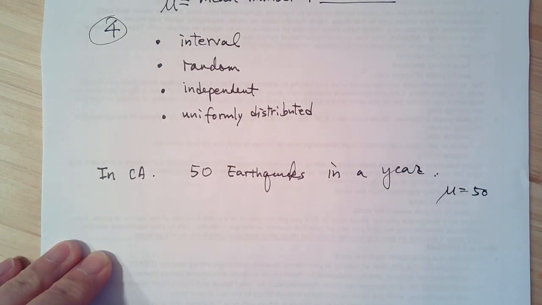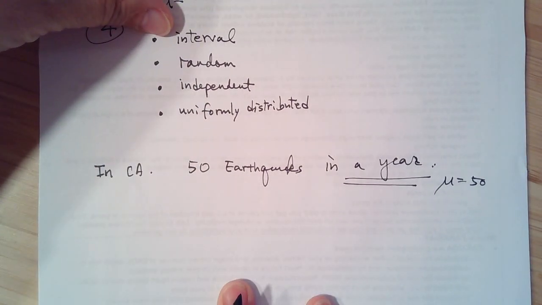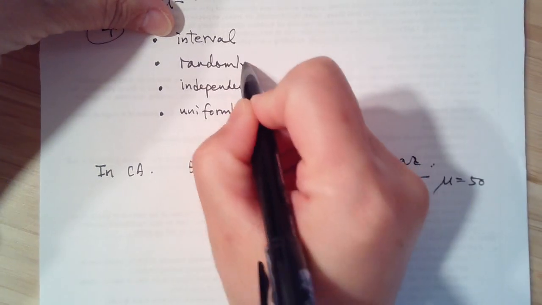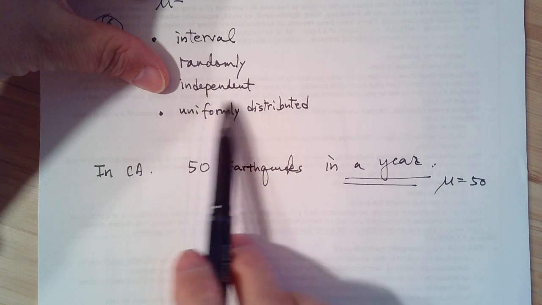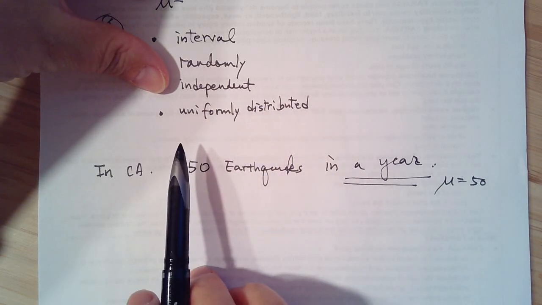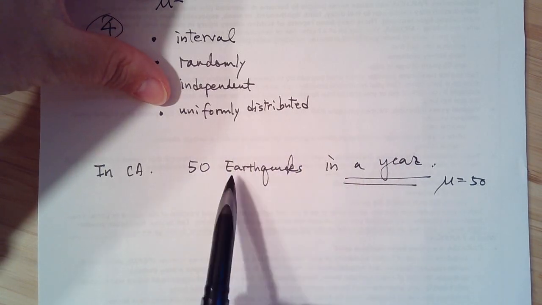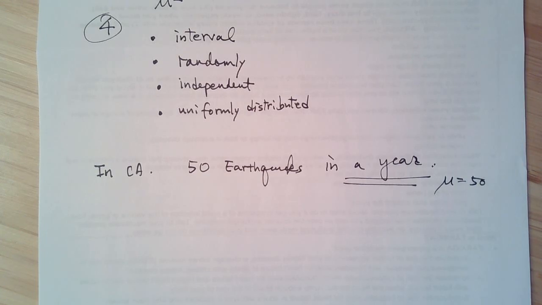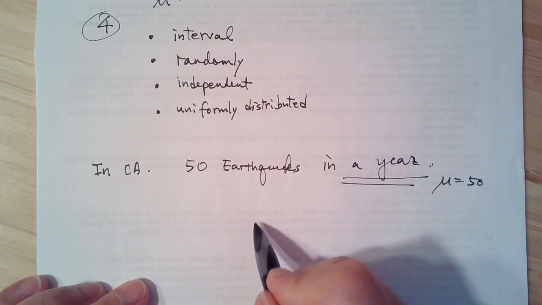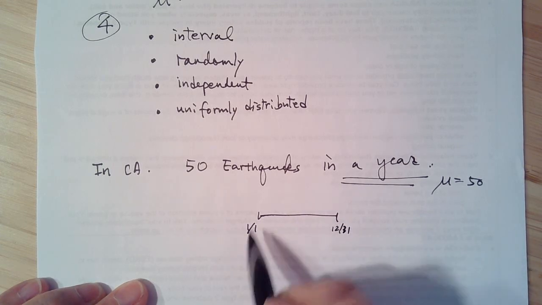All the earthquakes occur randomly, and they're all independent of each other. We just assume they're independent. Independent means occurrences must be independent of each other, and they're uniformly distributed. That means in a year, from January 1st to December 31st, any day has an equal chance to have an earthquake.